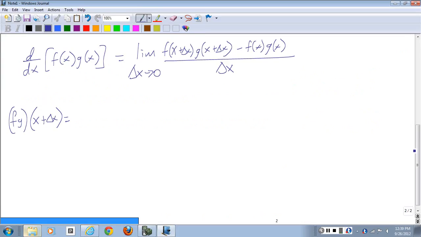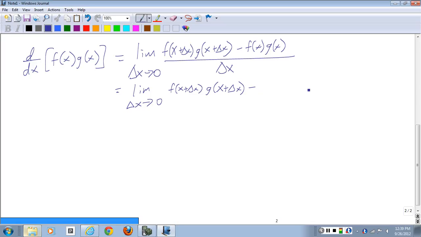But there's kind of a slick technique for doing this that somebody a long time ago figured out. Limit as delta x approaches 0. Basically, I want to subtract something and then add that same something in between the two expressions in the numerator. It's going to be f of x plus delta x times g of x plus delta x.